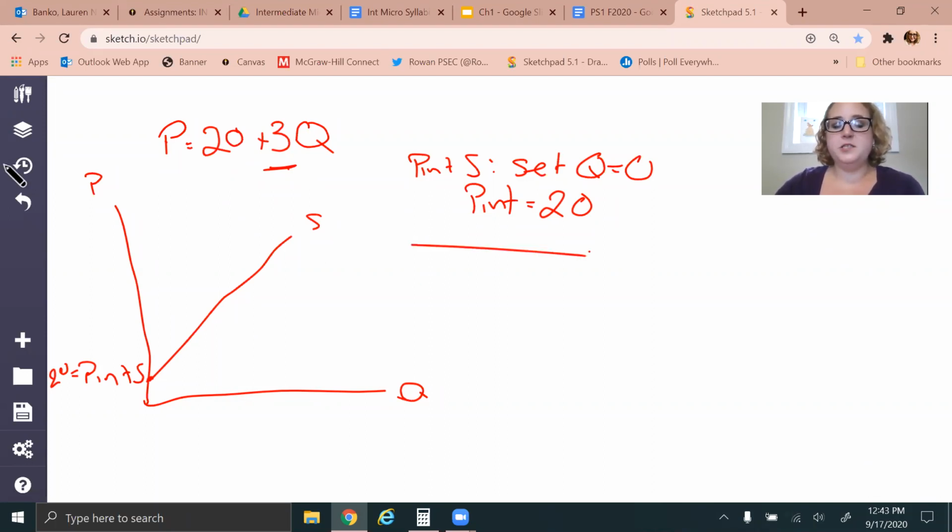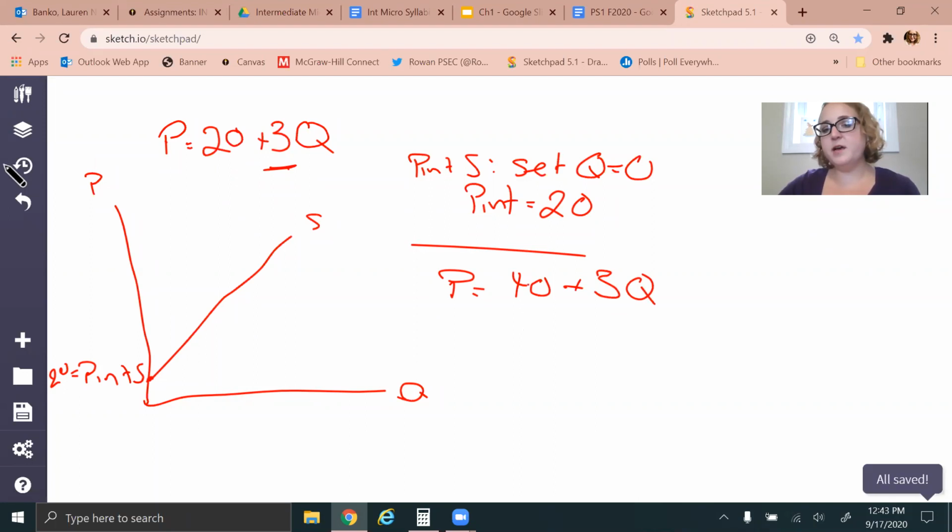If we had this changed, maybe P equals 40 plus 3Q. There was some sort of shift, maybe a technology change or the price of a resource change, but this affected the supply curve and it shifted it. Now we can look at the new intercept. Well, it's the second one.